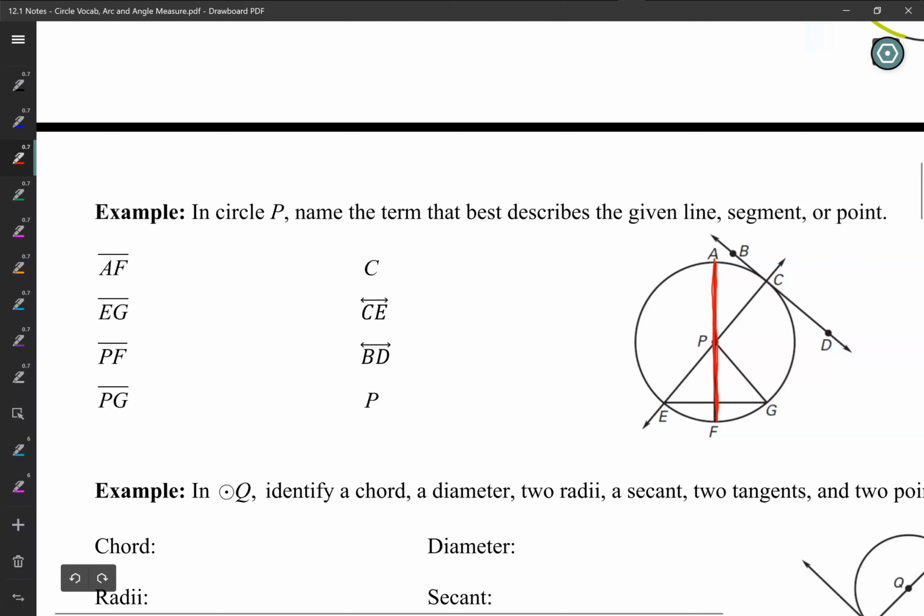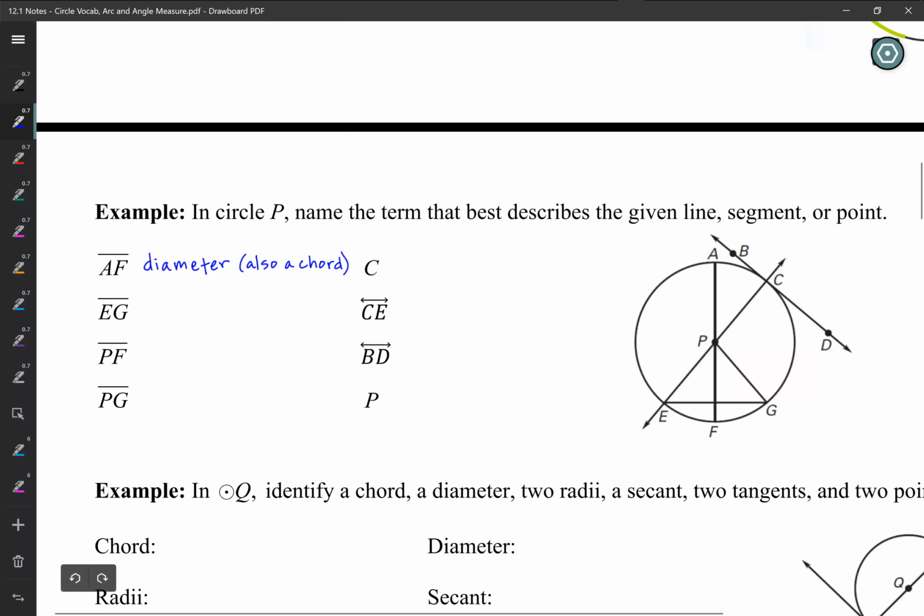Well, it's got both endpoints on the circle, but it goes through the center of the circle. So that is a diameter. That's the most specific name for it. It's also a chord. But if it wants the most specific name for it, it's a diameter.